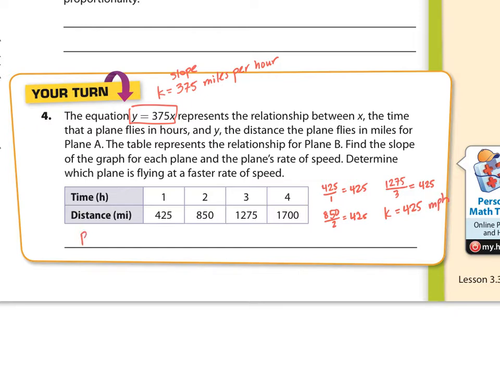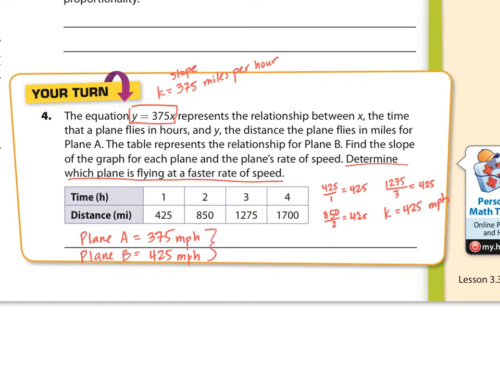So if plane A is 375 miles per hour, and plane B is 425 miles per hour, it says determine which plane is flying at a faster rate of speed.